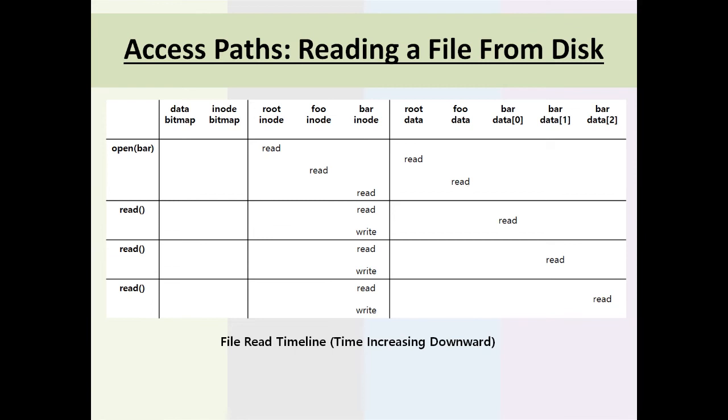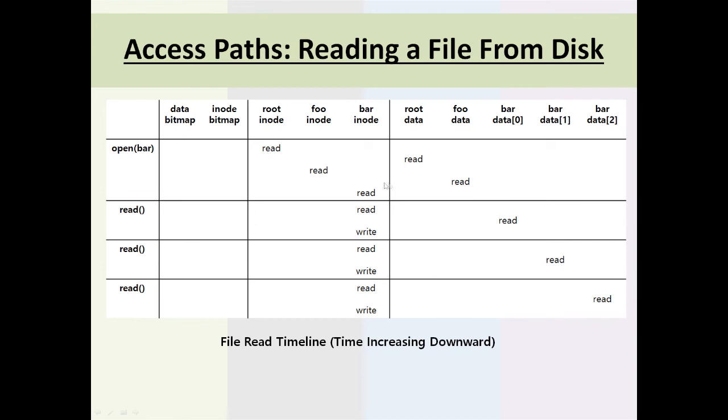Now the final step after reading through that is to read bar's inode into memory. The file system then does a final permissions check, and allocates a file descriptor. If you remember back earlier, when you're opening, it would be that file descriptor. It allocates a file descriptor for this process in the per process open file table, and it returns that to the user.